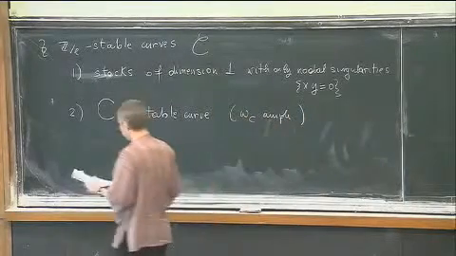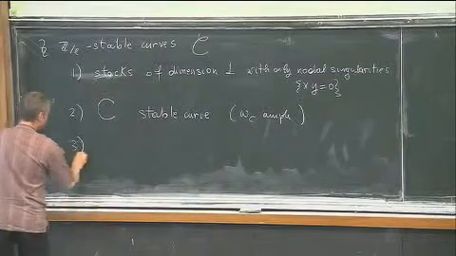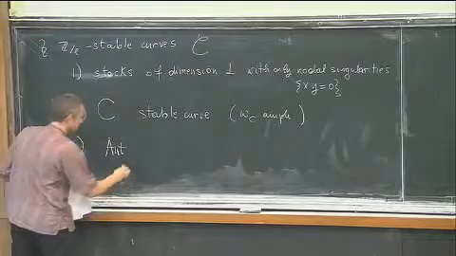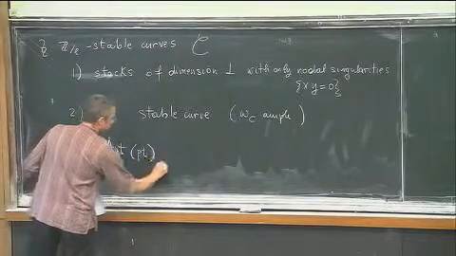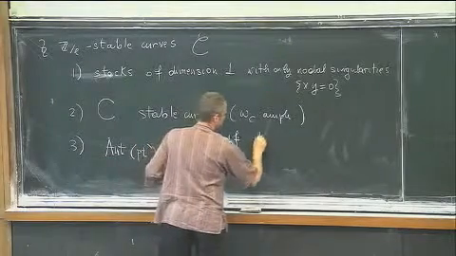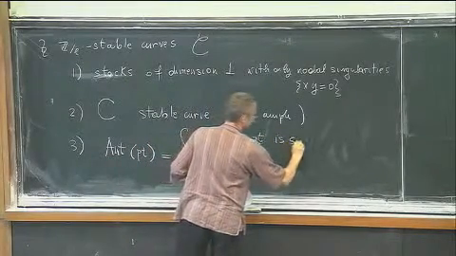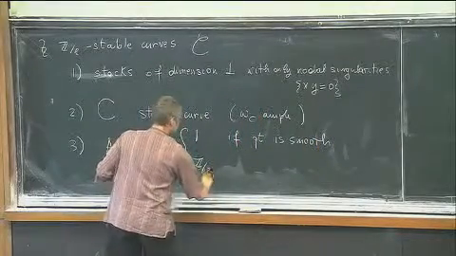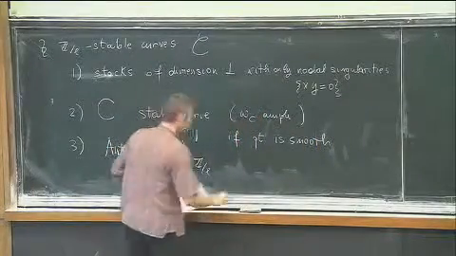But then what I really want to stress is that the automorphism group, i.e. the stabilizer at a certain point of the curve, is equal to 1 if P, the point, is smooth, and is equal to the cyclic group of order L otherwise.